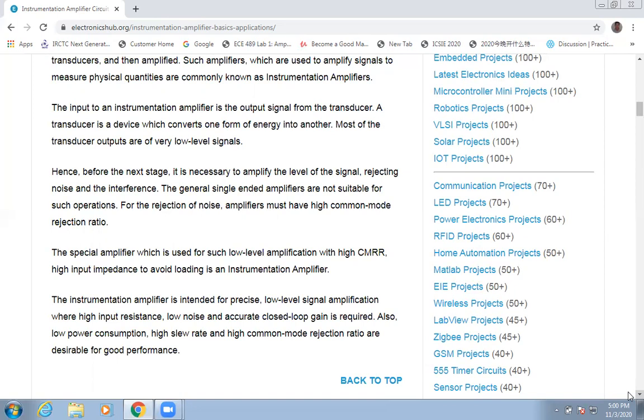Therefore, for rejection of noise, the amplifier must have high common mode rejection ratio, that is, it must have high CMRR.